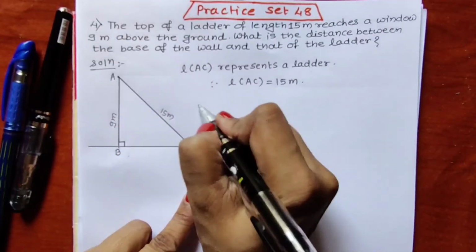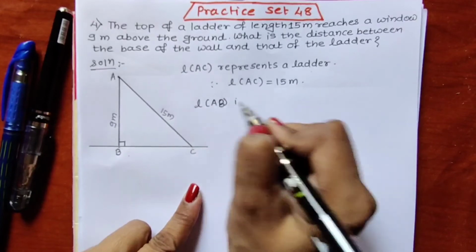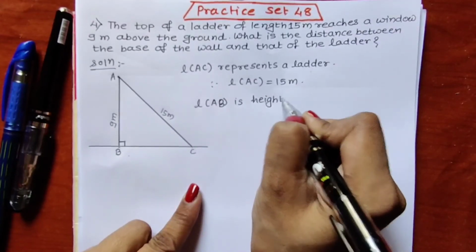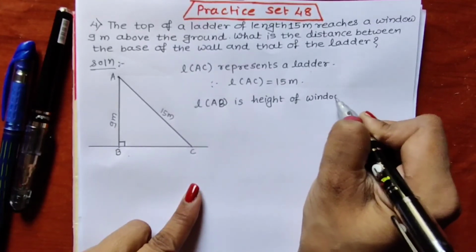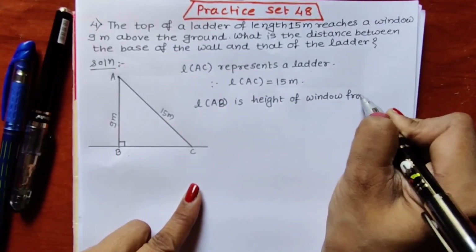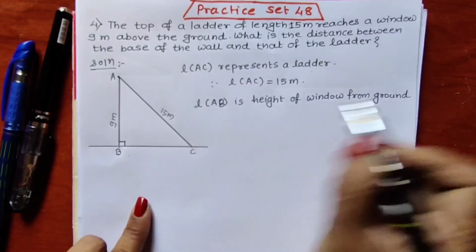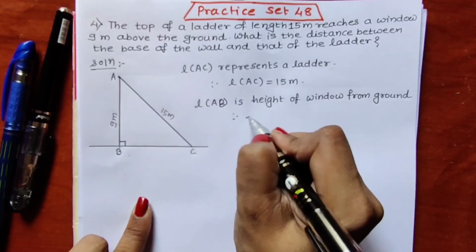Then length AB is the height of the window from the ground. AB is the height of the window from the ground.